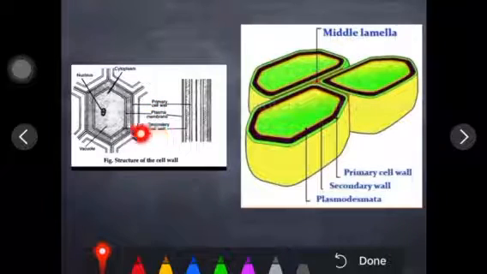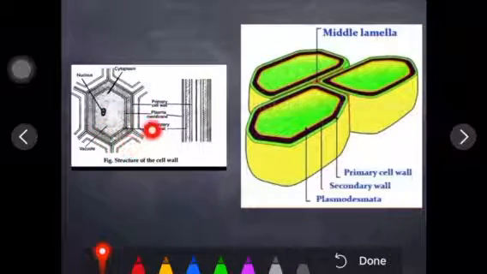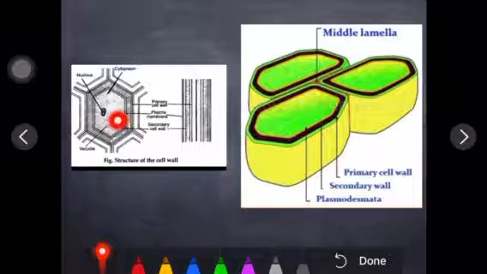And here you will see the cell wall. This is the cell wall, and then the plasma membrane, or we can call it the cell membrane. Here we have the plasma membrane or cell membrane, and outside it is the cell wall.